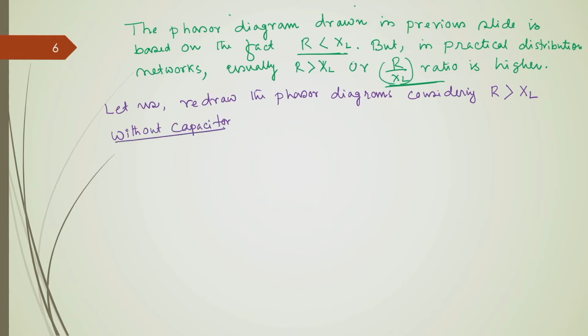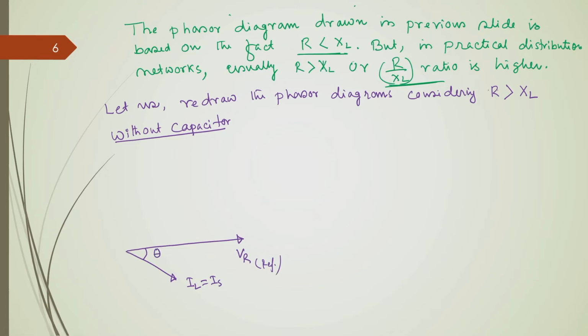Without capacitor, let us consider VR as a reference, and the load current, or current drawn by the load, is IL, which is eventually equal to IS, and it lags with an angle theta.